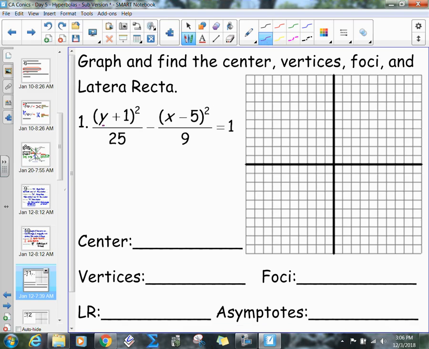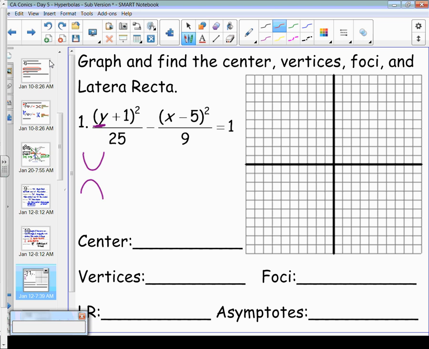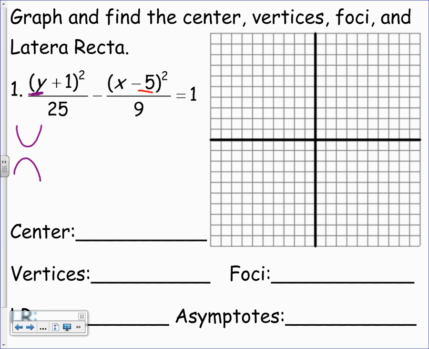This has y coming first, and so if y is coming first, my graph actually is going to look like that. My center is opposite, just like it's always been. So the x value is 5 and the y value is -1. So (5, -1) is my center. Fantastic.